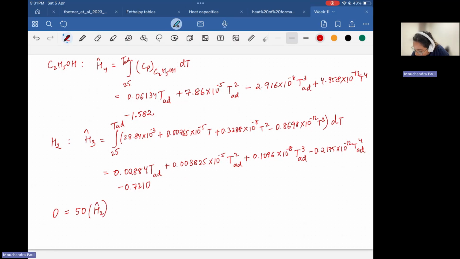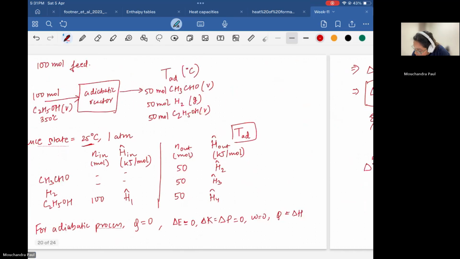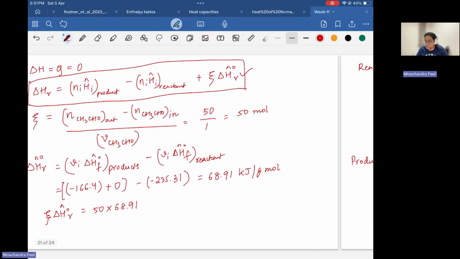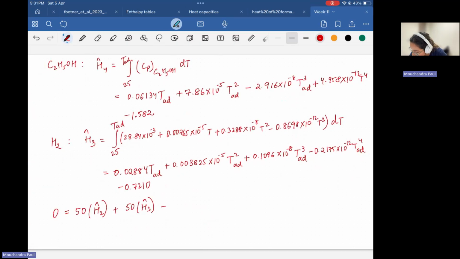Then another product is hydrogen, so it is H3 hat, minus H4, sorry, the product there is ethanol, some ethanol is also coming out. So H4 hat will also be there.